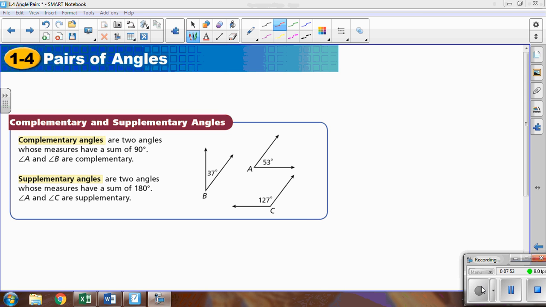It is common in picture form to have two angles that create 90 degrees as a linear pair, and so it's common to see them as an adjacent pair. This set in red, angles 1 and 2, would be complementary. But you don't have to have them next to each other to be considered complementary.